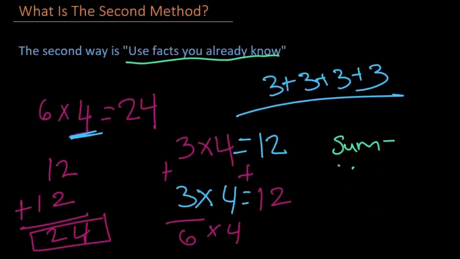Remember, keep that in mind because I'm going to be using sum, difference, product, and quotient in my future videos. Quotient is division answer, product is multiplication answer, sum is addition answer, and difference is subtraction answer. So now we just recalled all our steps.